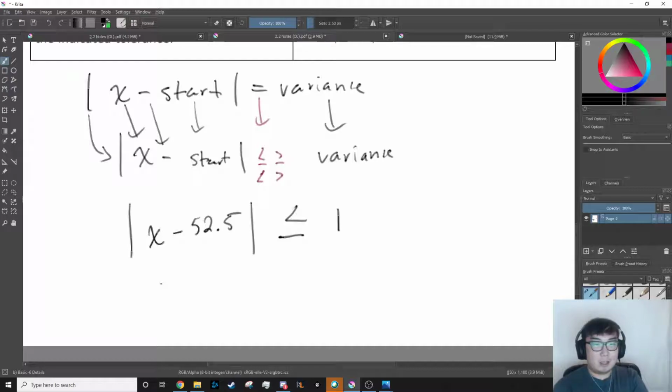So absolute value of x minus 5, like this, and then I would just create two versions. And I would add.